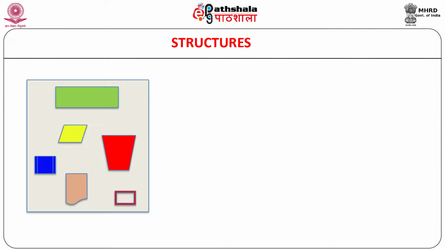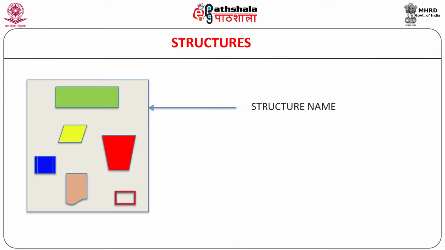Let us see the structure. This is another diagram, of a structure. As you know, a structure is a user defined data type that allows you to combine data items of different kinds. This conceptual diagram gives an idea of a structure and its elements. Different objects are shown inside the main square.